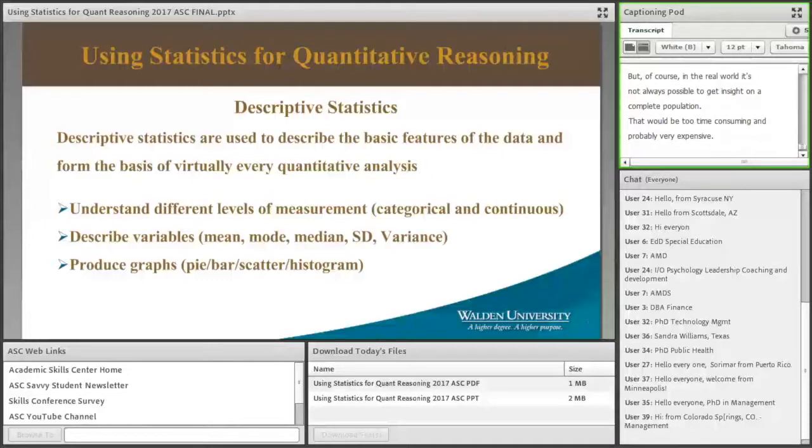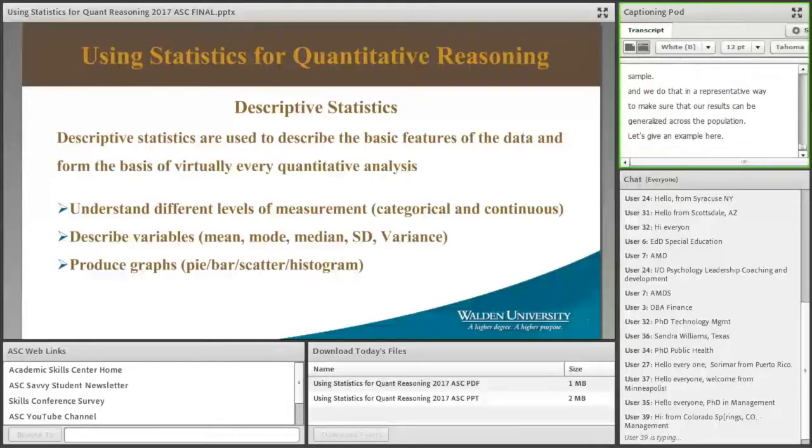Therefore, we take a piece of the population, and that's also called a sample. And we do that in a representative way to make sure that our results can be generalized across the population. Let's give an example here.